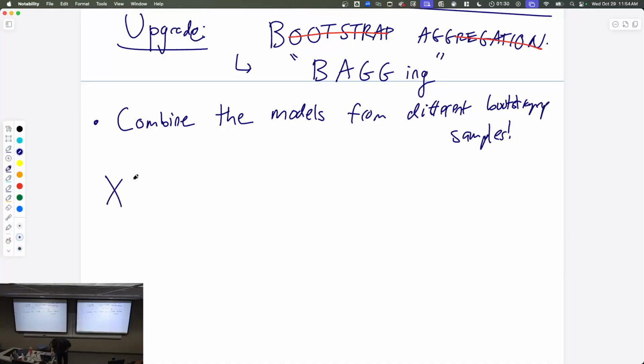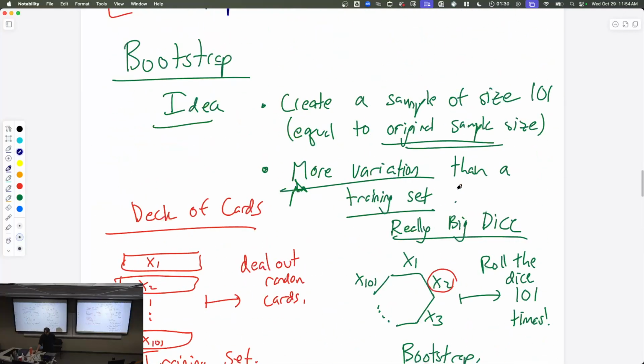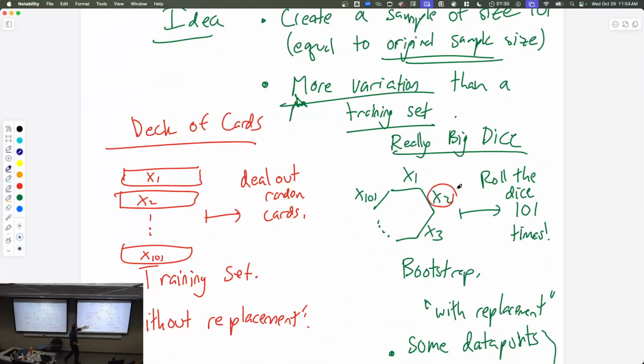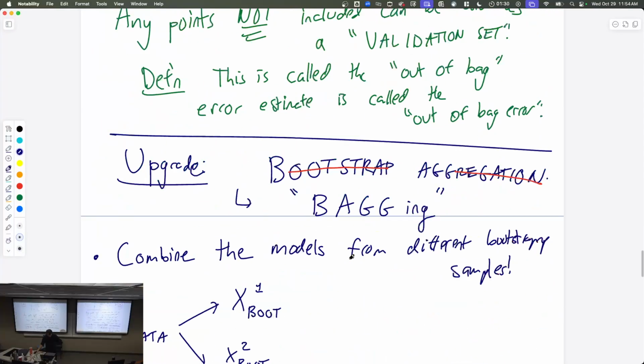Let's call it X data. We can convert our data set into bootstrap samples. Let's call those X boot 1 and X boot 2. In real life, we can do as many as we want. The way we do that is we roll the dice. The data distribution makes our really big dice. We roll the dice however many times we want for our sample size, and that gives us the bootstrap samples X boot 1 and X boot 2.